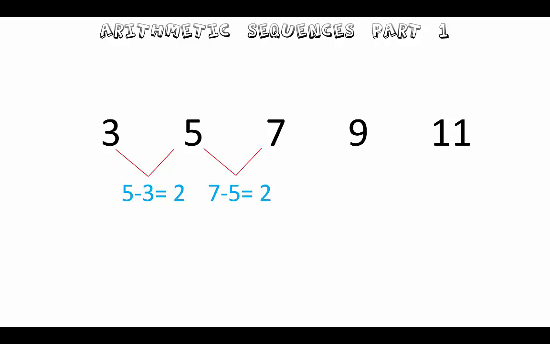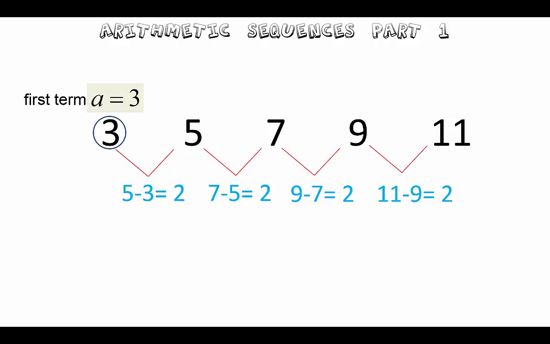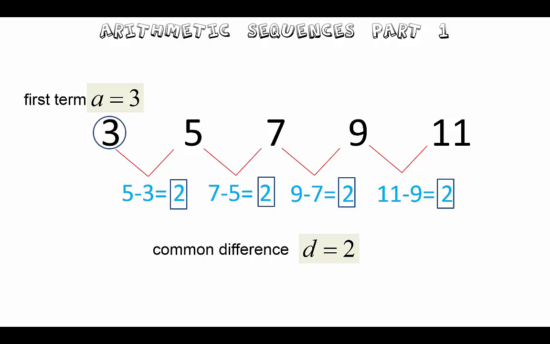The second pair of consecutive numbers is 7 minus 5, which is 2, and so on. We can refer to the first term of our sequence as lowercase a, so we can write a equals 3, and the value by which the numbers go up or down, in this case going up by 2, we refer to as the common difference, and we use the lowercase letter d, so we can write d equals 2.